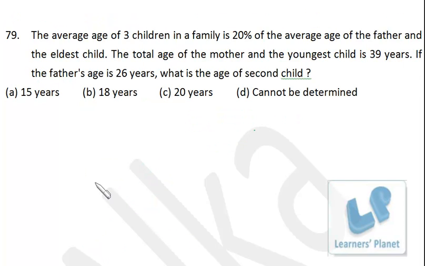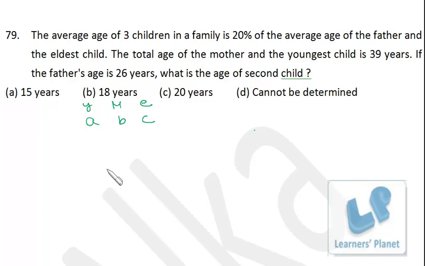Now this question: the average age of 3 children in a family is 20% of the average age of father and the eldest child. Total age of mother and youngest child is 39. If father's age is 26, what is the age of the second child? Okay, I assume the 3, that is A, B and C, right? He is youngest, then second one, and then eldest.